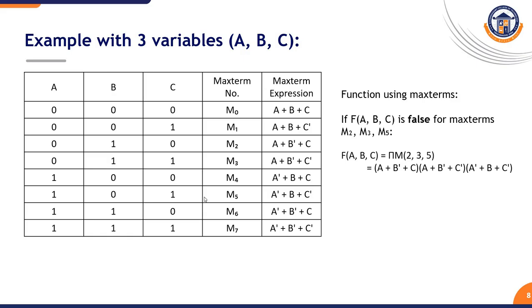Say for example, this is the truth table, and the product of maxterms will be written by the notation pi capital M. If we have the output as 0 for M2, M3 and M5, that is M2 in the sense 0, 1, 0, M3 in the sense 0, 1, 1, and M5 in the sense 1, 0, 1.